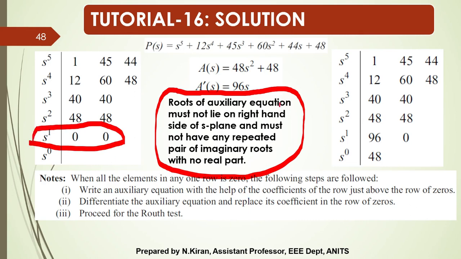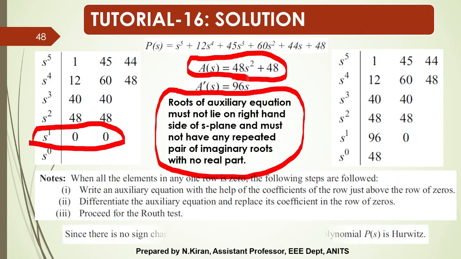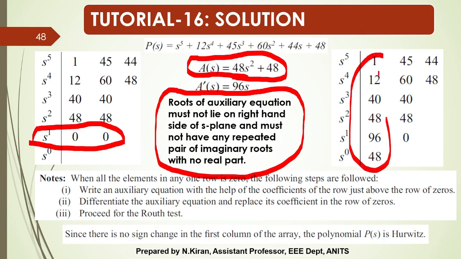For this sum, there will not be any repeated pair of imaginary roots, because if I find the roots of this auxiliary equation, it is s is equal to plus or minus j1. So since the pair of imaginary roots are not repeated and there are no sign changes in the first column of the Routh table, the given polynomial is Hurwitz.